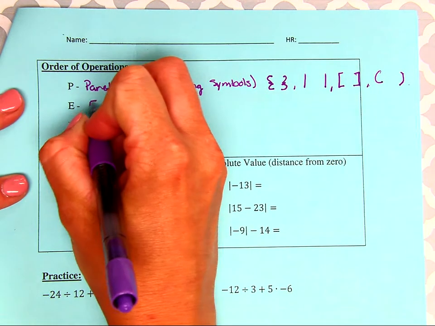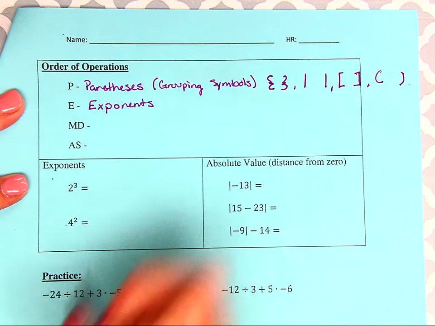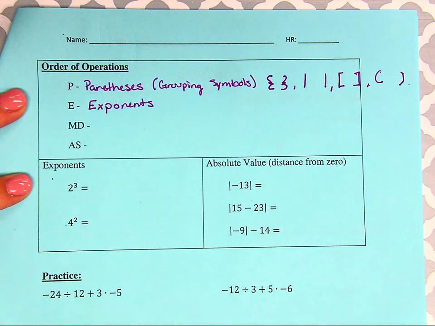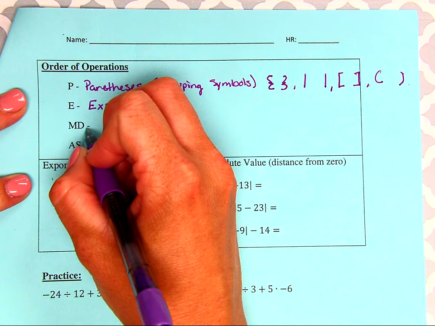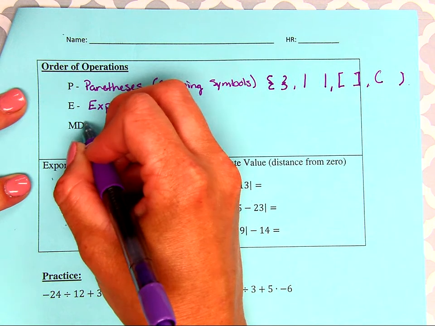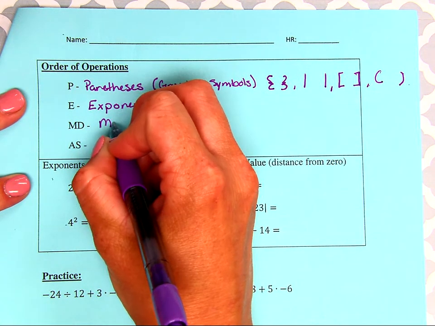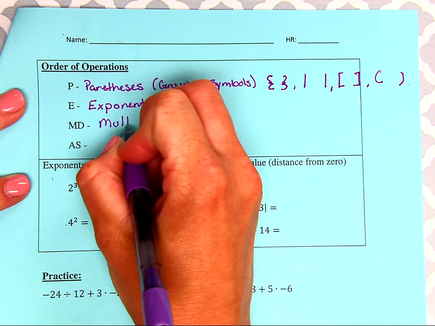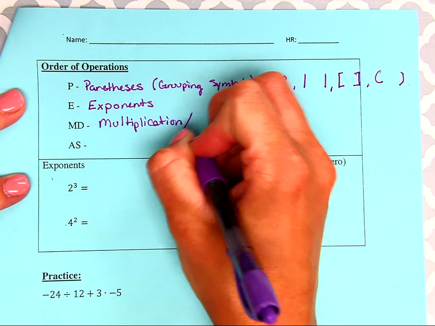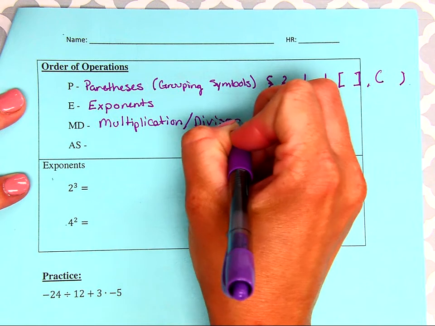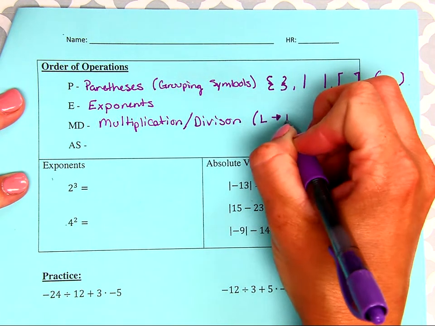Next, the E stands for exponents. The M and the D I like to write next to each other because we actually do these from left to right. So M isn't necessarily always first, D isn't always first. It depends on what comes first from left to right. M stands for multiplication, and D stands for division. Let's make a note that we always do these from left to right.